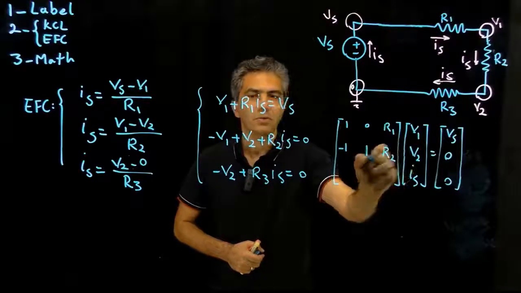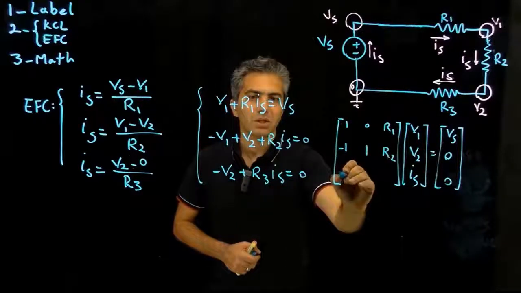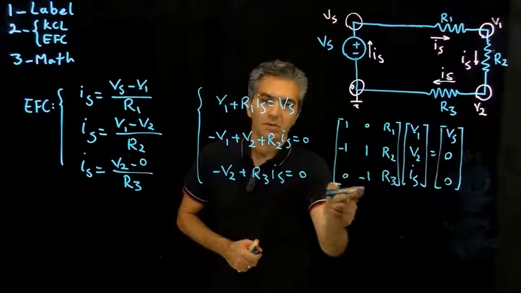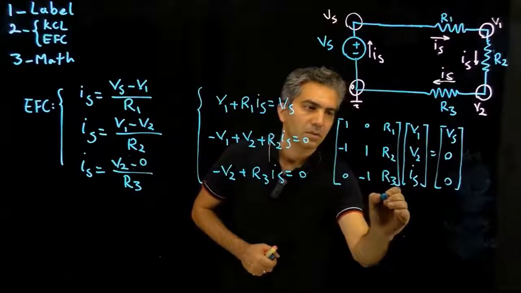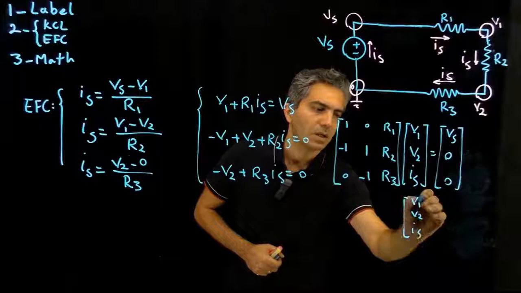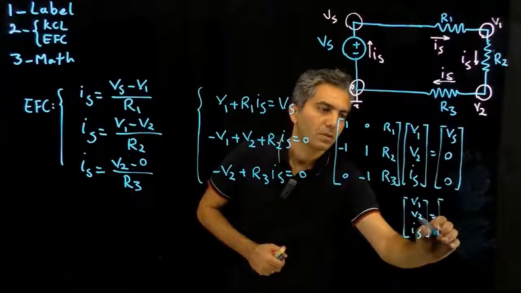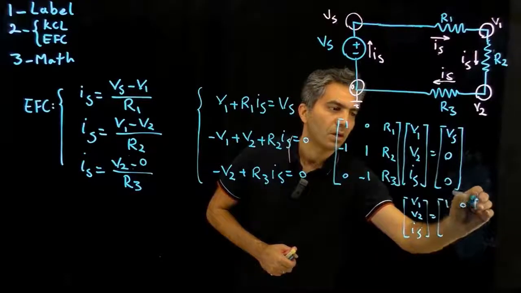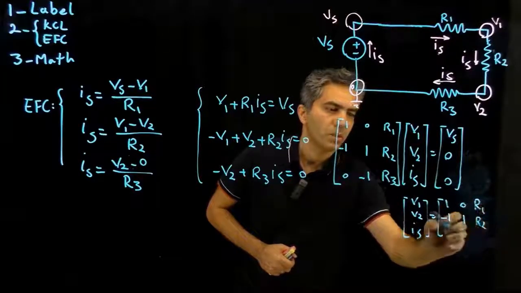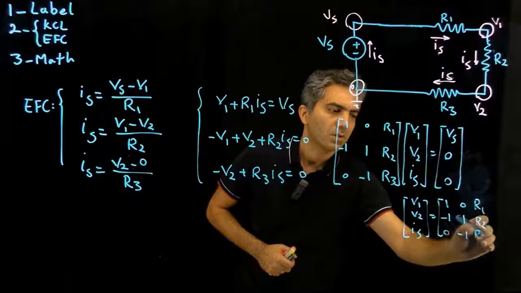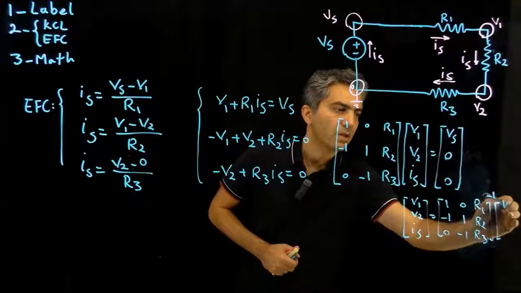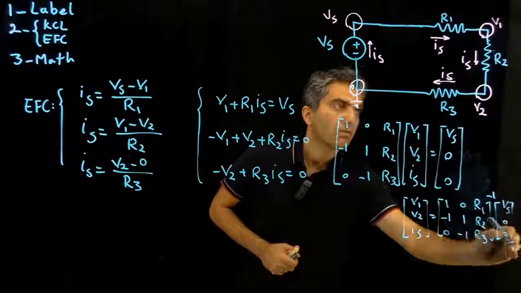The last row would be 0, minus 1, R3. So V1, V2, IS is equal to this matrix, 1, 0, R1, minus 1, 1, R2, and 0, minus 1, R3, inversed, multiplied by VS, 0, 0.